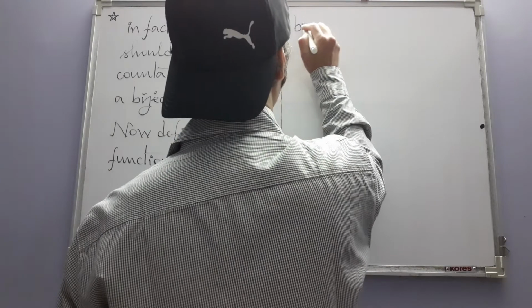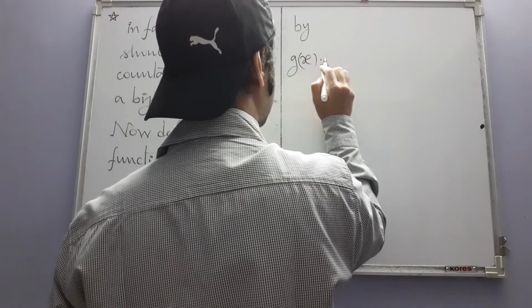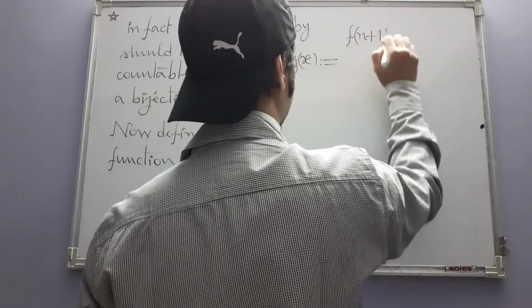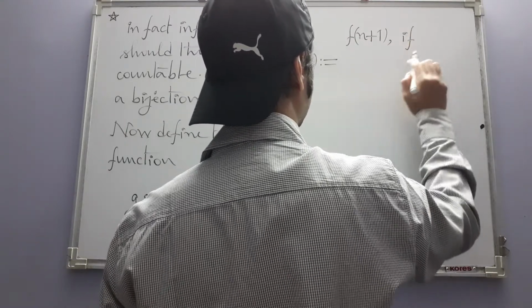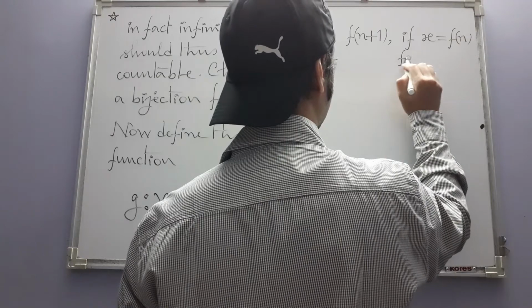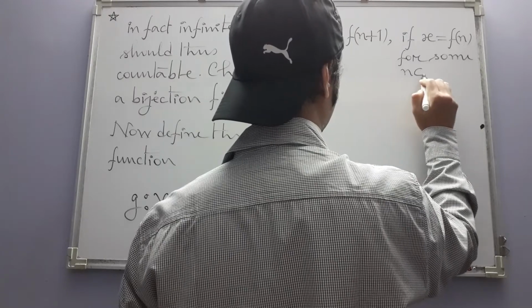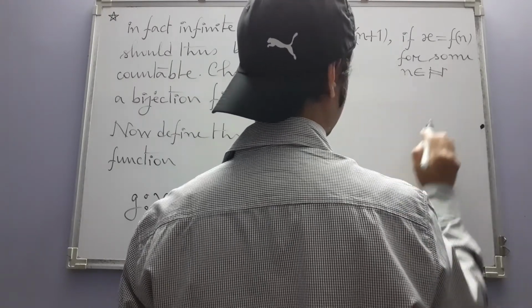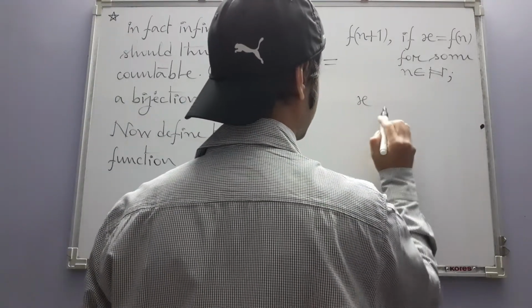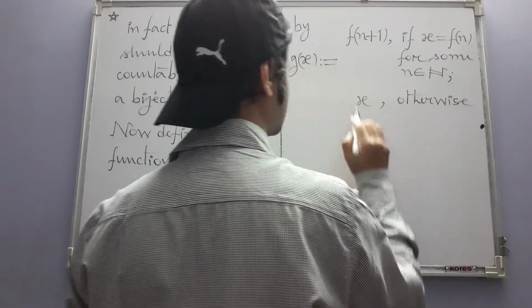By this rule: g of x is defined to be equal to f of n plus 1 if x is equal to f of n for some natural number n, else it is x itself, otherwise.